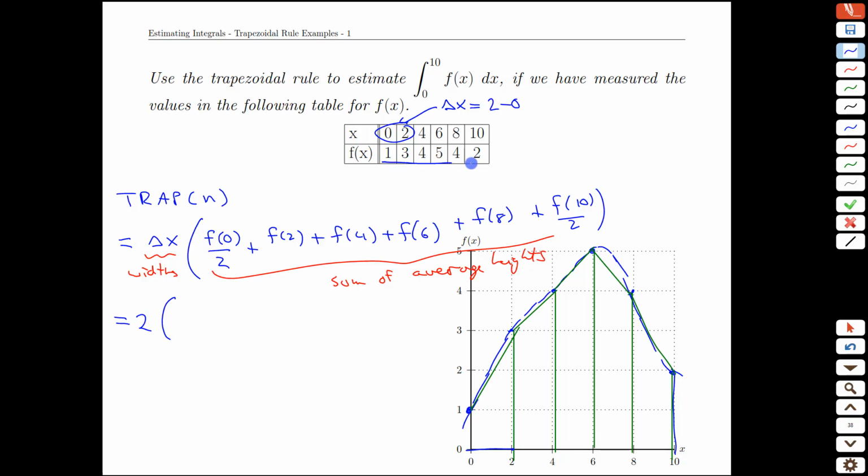And then we can just go down the function values. We have 1, and we have 3, we have 4, we have 5, we have 4, we have 2, and then we don't forget the last one and the first one have that over 2 divisor.